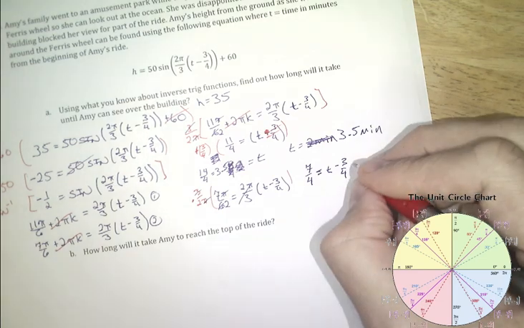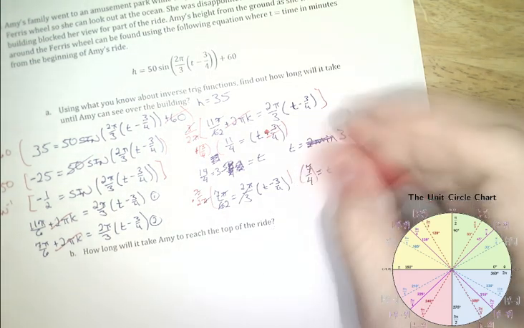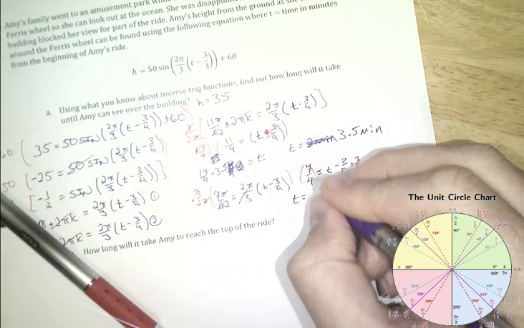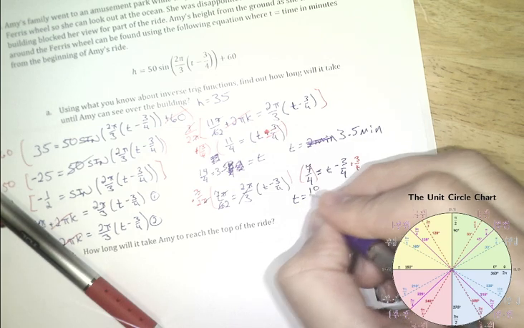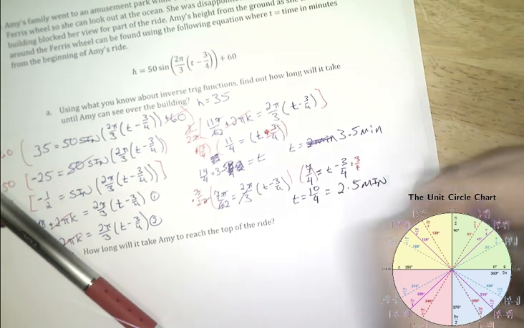Now, if we add 3/4 to both sides, that should give us t is equal to 10/4, which is 2.5 minutes.